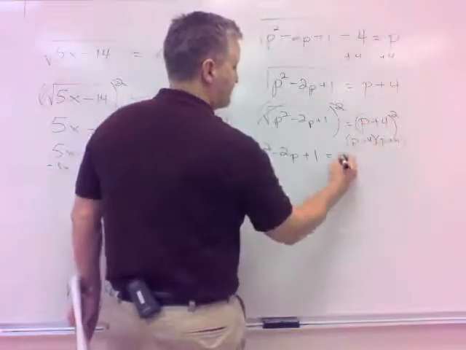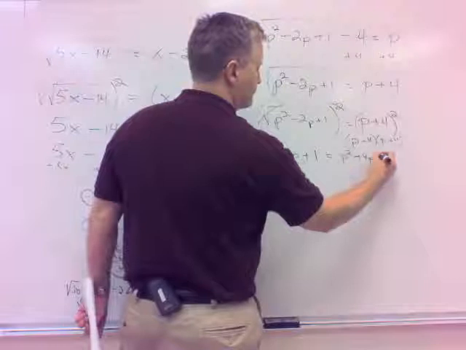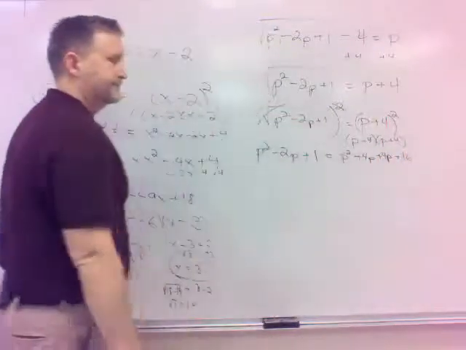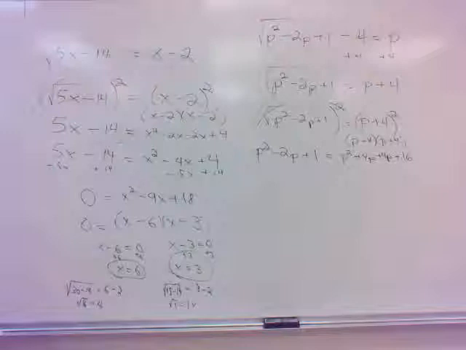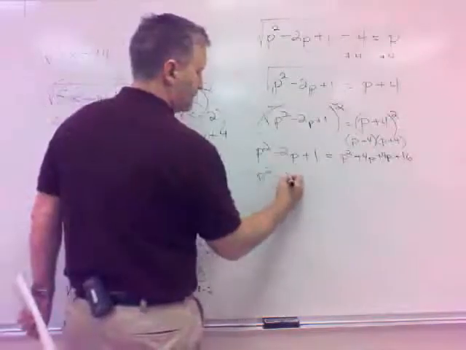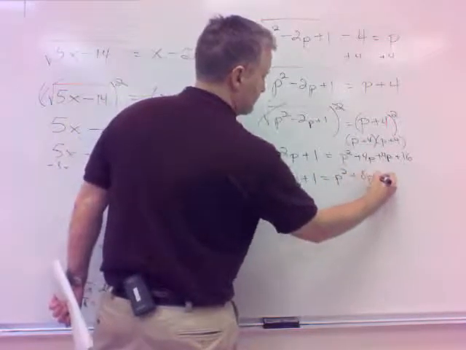So p times p is p squared, p times 4 is 4p, 4 times p is 4p, and then 4 times 4 is 16. With me on all that so far? Okay, so that's p squared minus 2p plus 1 equals p squared plus 8p plus 16.